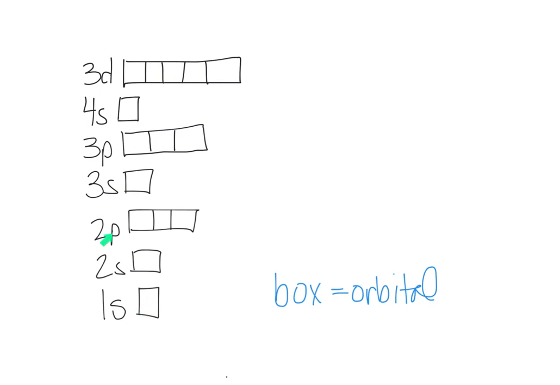Here, any P, I have the 2P and the 3P, it's going to have 1, 2, 3 boxes because any P sublevel has 3 orbitals. I also have a 3D on here, which has 1, 2, 3, 4, 5 boxes because any D sublevel has 5 orbitals. The other thing to remember is that one arrow equals an electron.